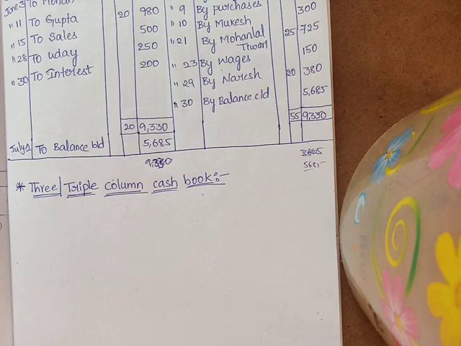What are the three important columns? The three important columns are: one is discount allowed, second one is cash, next is bank. Okay, and on both sides, that is the debit side and the credit side, these three columns are very important.